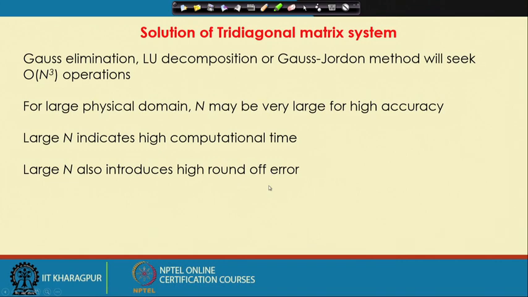However, there is one problem which you have also seen in the last class: there are round-off errors. As we increase n, there will be high round-off error, because each operation is associated with some round-off error. Also, as we increase n, the number of operations is of the order of n cube, which is very high.